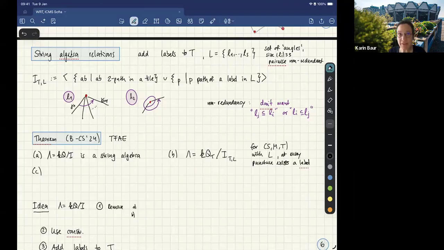That's to assure that it's finite dimensional. Or lambda is a quotient of a gentle algebra.